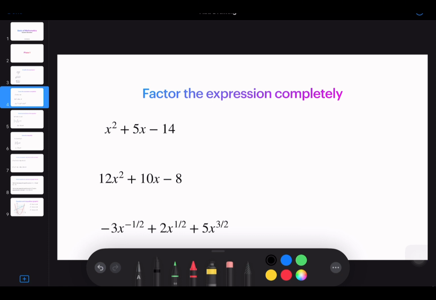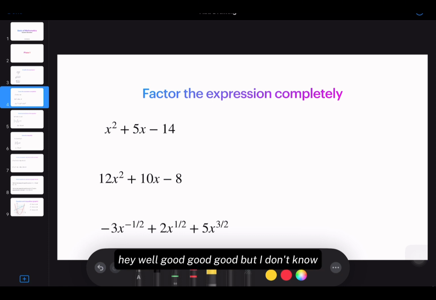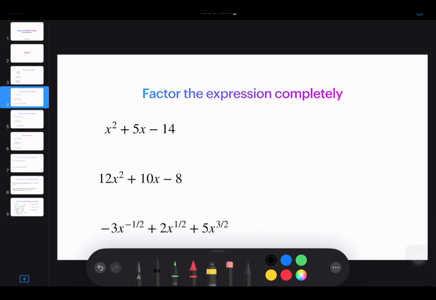Hey, if y'all don't go, I'm gonna go. Okay. Good. Wow. Good. But I don't know anything. Try. We'll give you a clue. The thing is, if it's 1/2, then it's gonna be a square root. But what's the question? It's factor the expression.